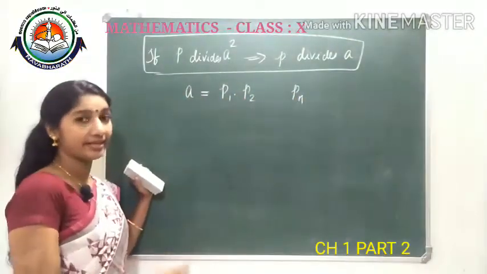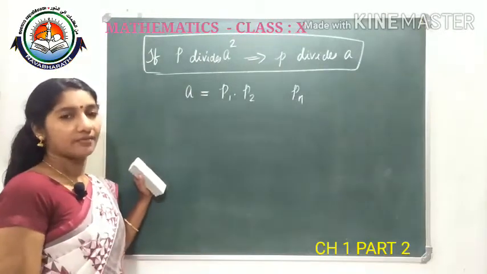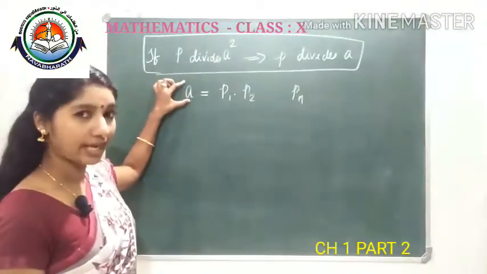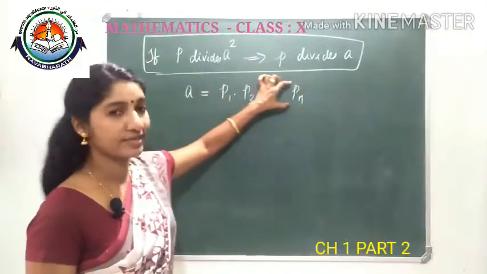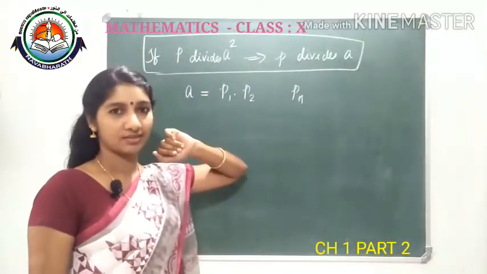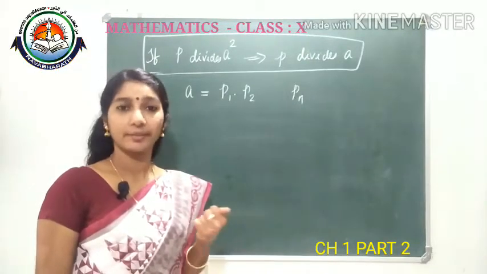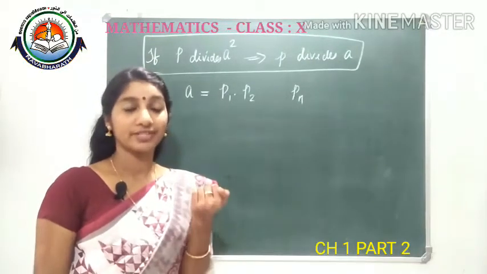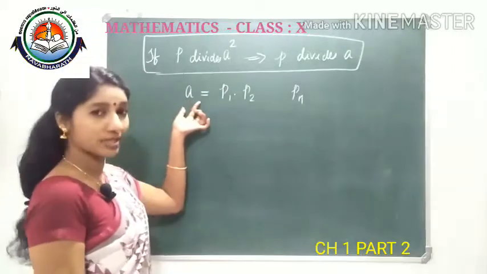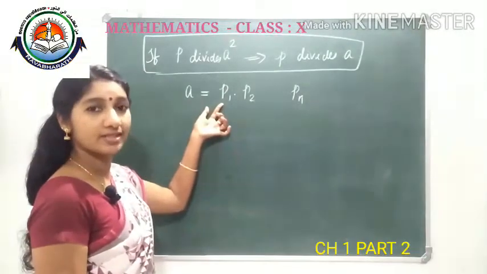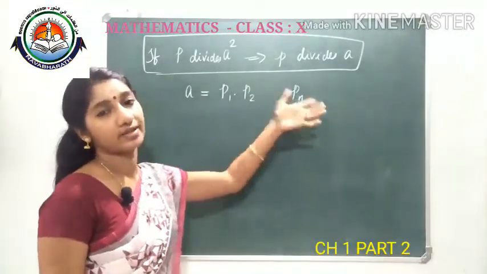That means we did prime factorization. We studied every composite number can be expressed as a product of its prime factors. How did we get that? Last day we studied the fundamental theorem of arithmetic, which says any composite number can be expressed as a product of its prime factors.